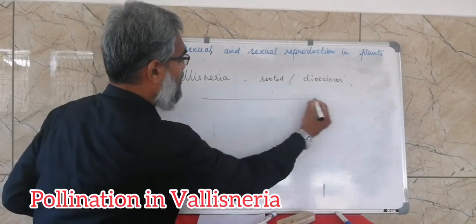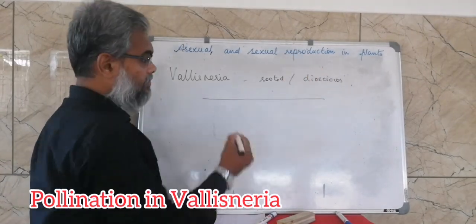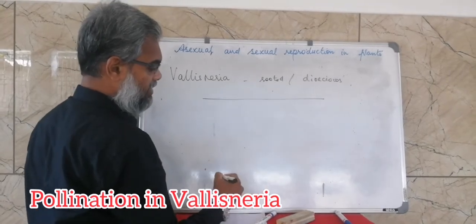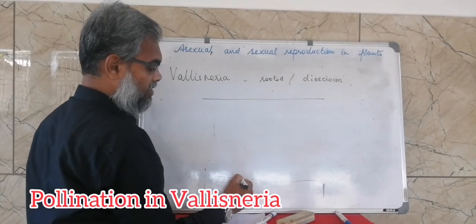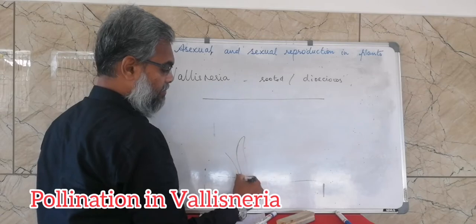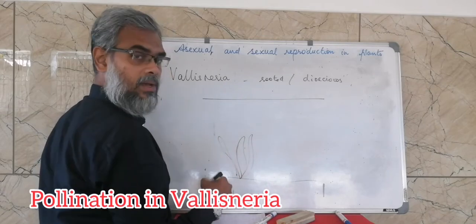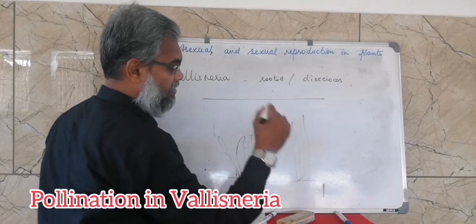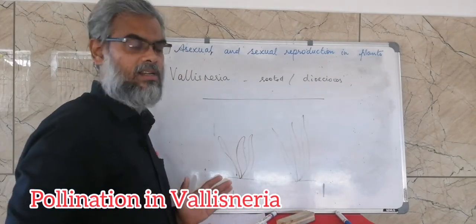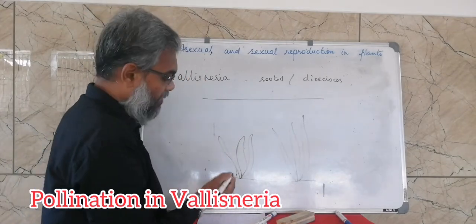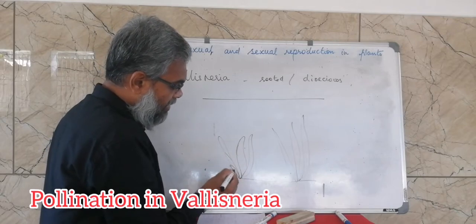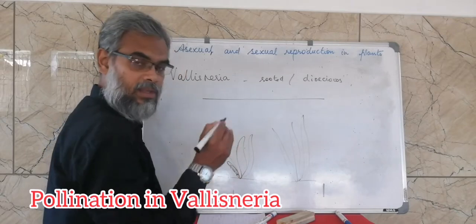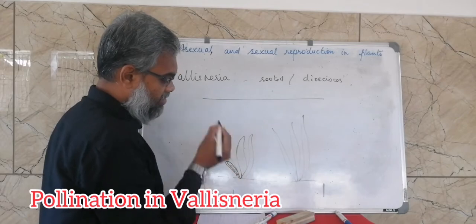So imagine that this is the water surface, this is the land. So the Vallisneria male plant and female plant. Okay, my dear students, just listen carefully. In the male plant, the male flowers will be here only. They are attached here.